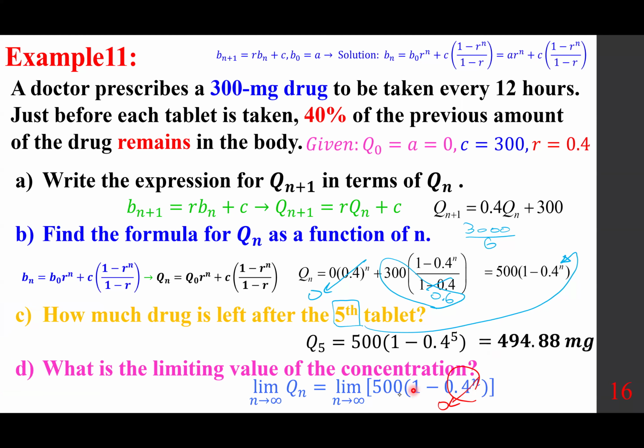If this goes to 0, the answer is 500 times 1 or 500 milligrams, which means if you keep on doing this forever and ever and ever, as long as you follow this every 12 hours, it will never go over 500. And that's the importance of the 12 hours that has been calculated previously. But it doesn't enter any of the formulas here.